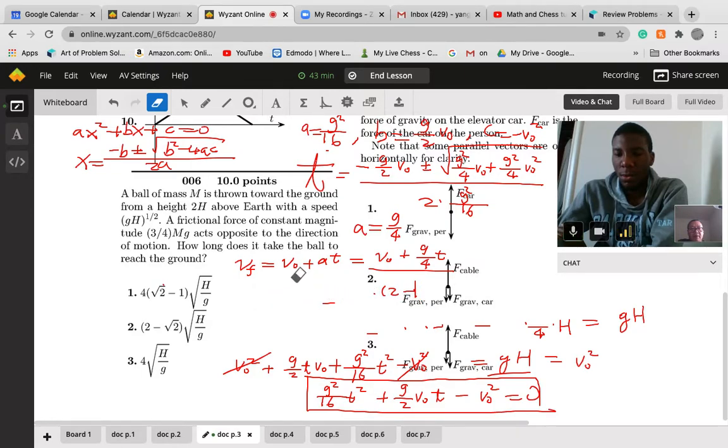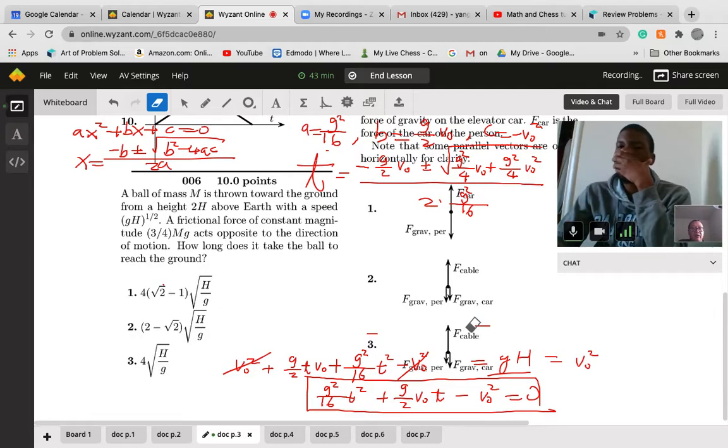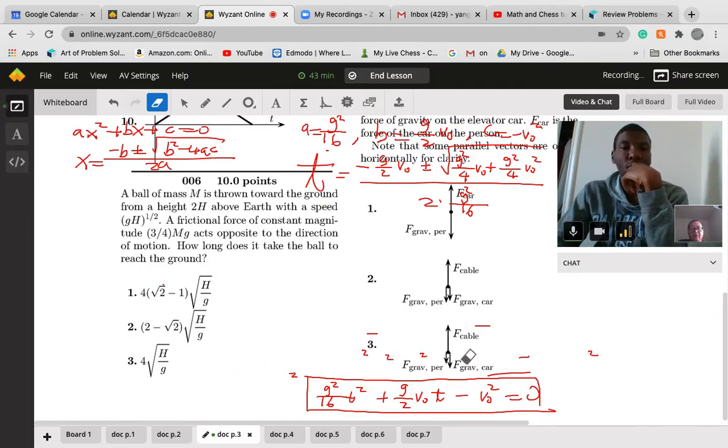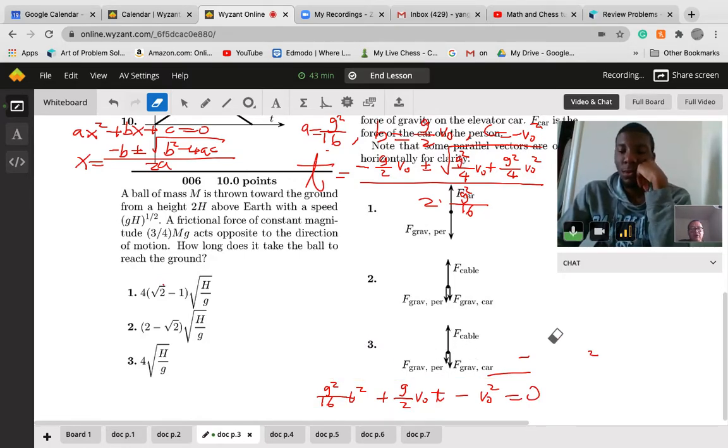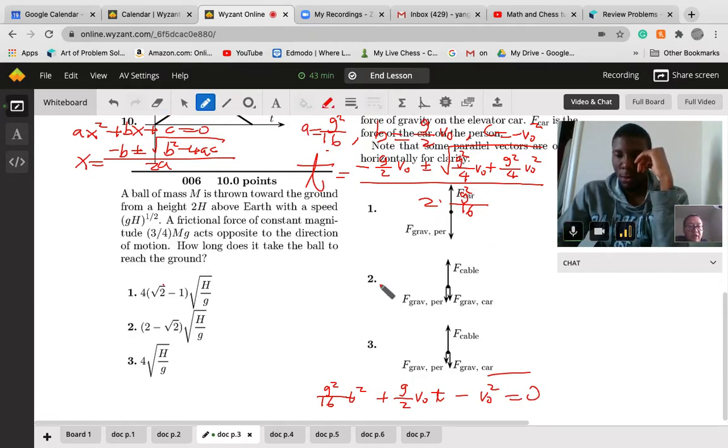Simplify this, called the discriminant, under this square root sign. Then we can simplify. You can say this will equal, now let's write this one, g squared over 4.